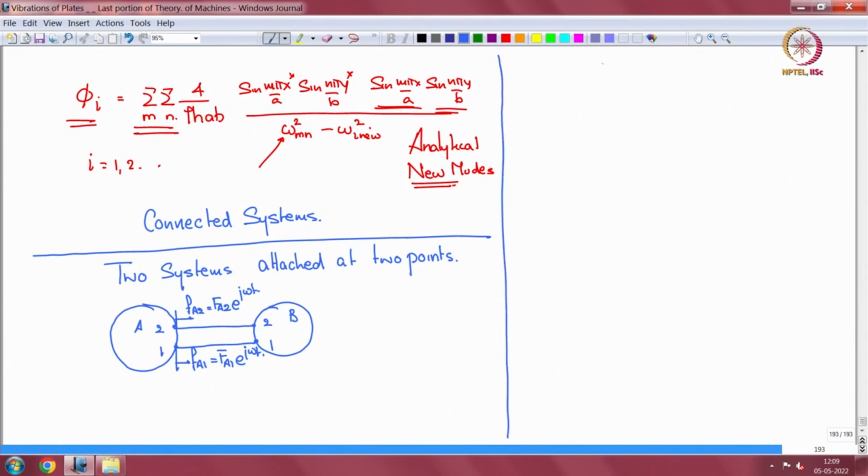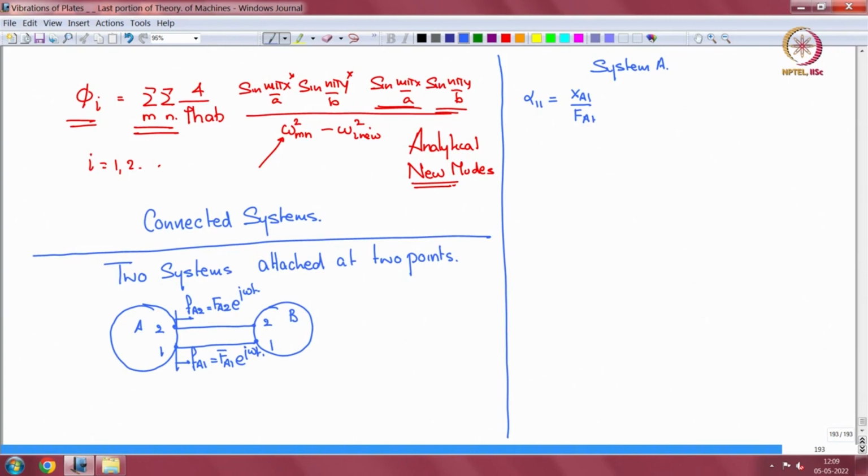For system A, alpha 11 is equal to XA1 by FA1, response at 1 by force at 1.